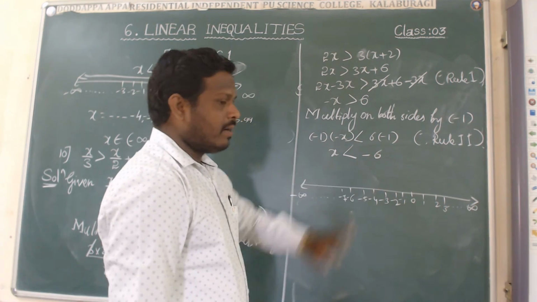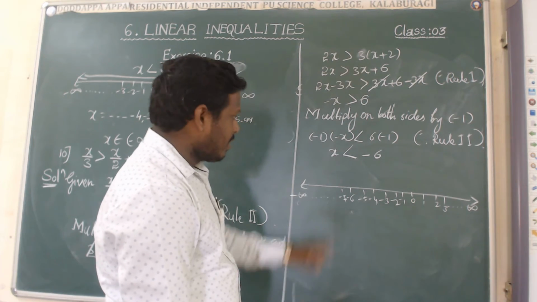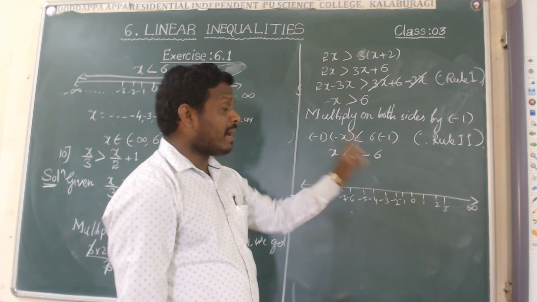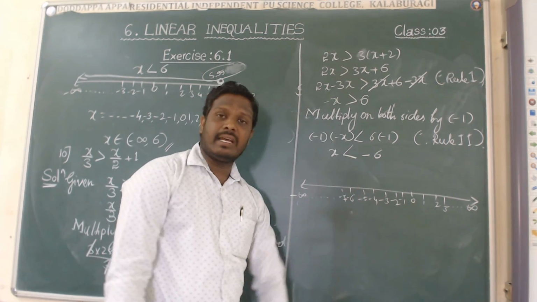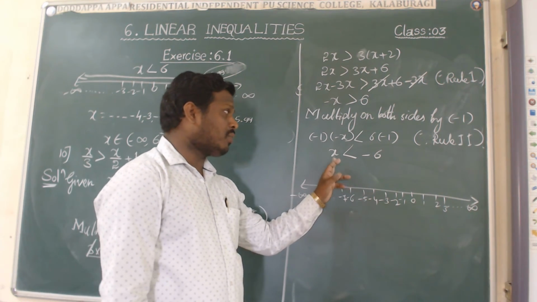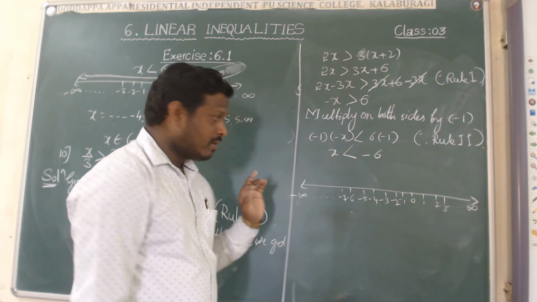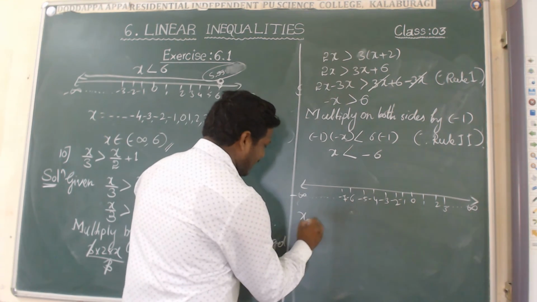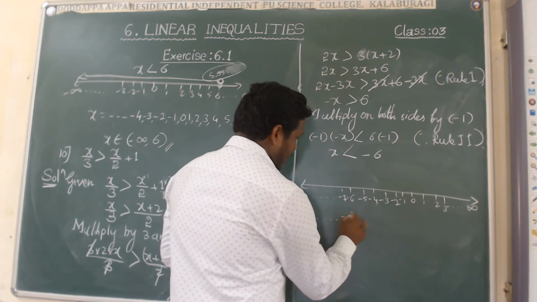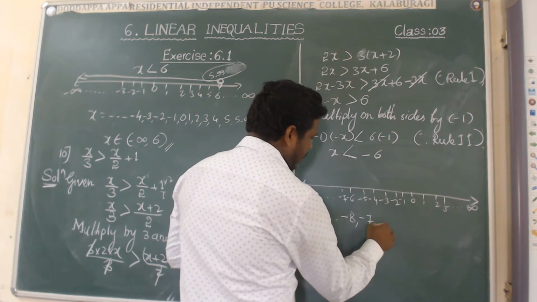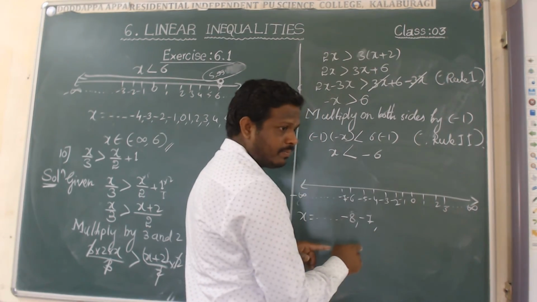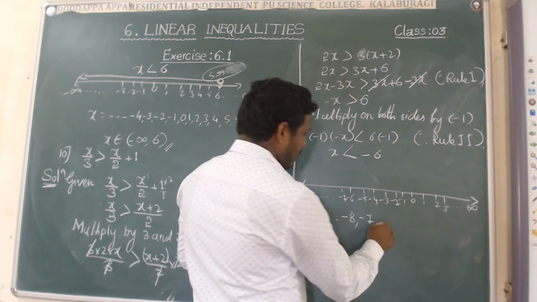So read the statement of the last step. x is less than minus 6. So we have to write the solutions of x less than minus 6. We can take values of x like minus 8, minus 7, yes or no? Getting?